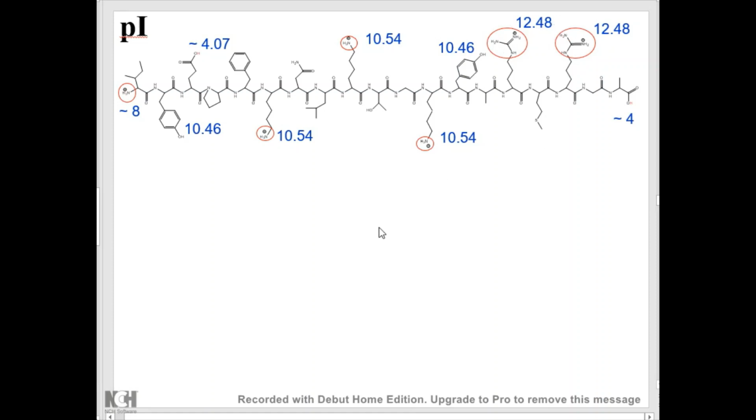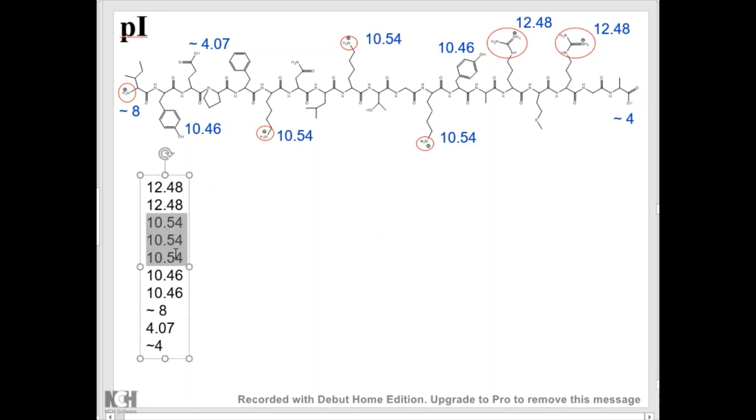Okay. After that, what I recommend you doing is listing the pKa's in descending order, like this. So these are pKa's for the 2 arginine groups. These are pKa's for the 3 lysine groups. These are tyrosine groups, 2 of them, and so on.